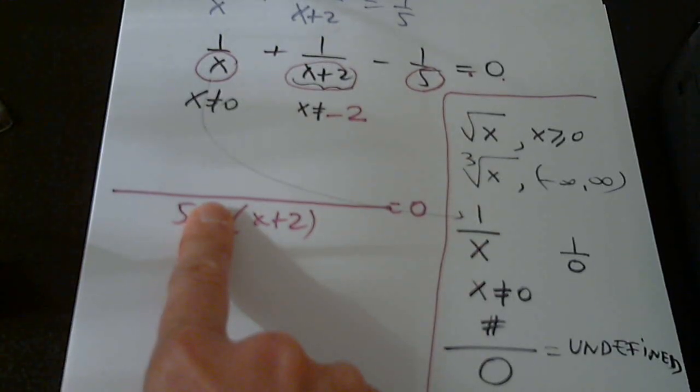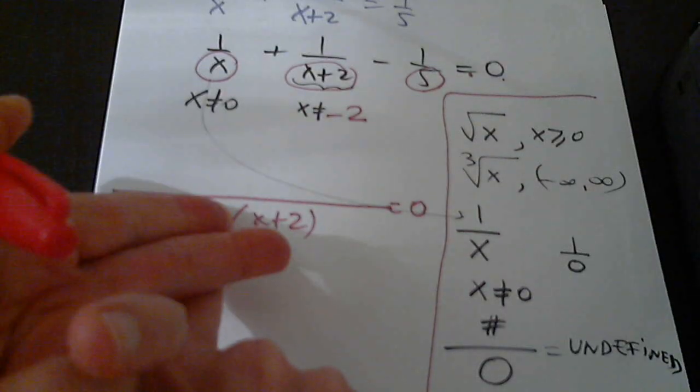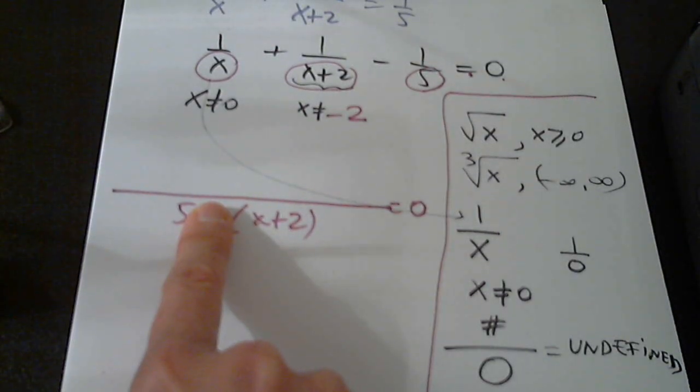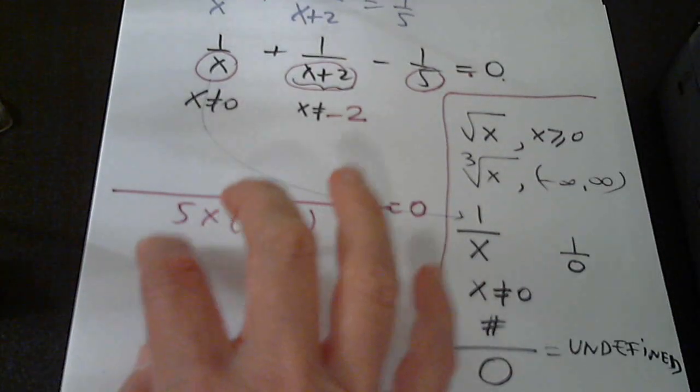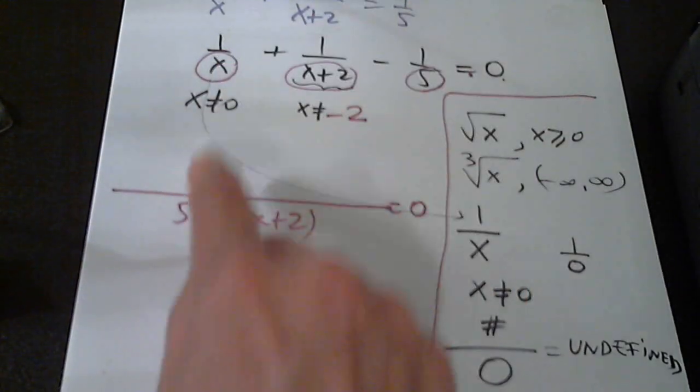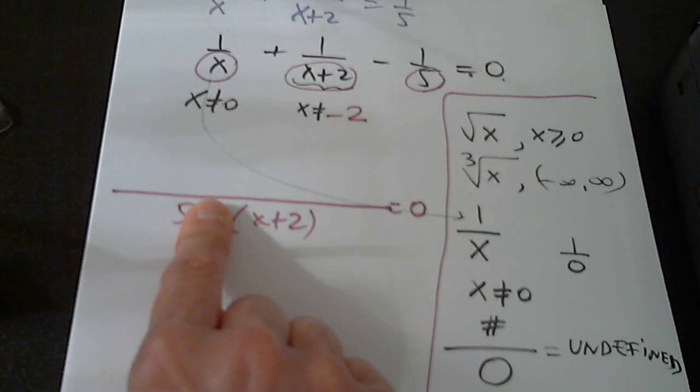5. Not only 5. 5 times 1 or 5 times x. So there are 3 factors. I only have 1. I'm missing the other 2 factors.